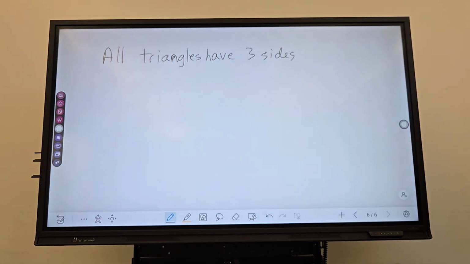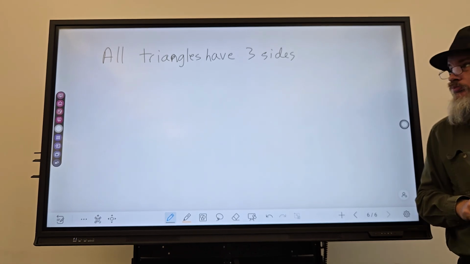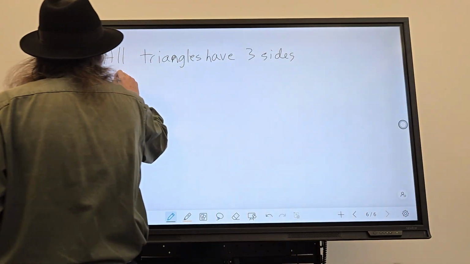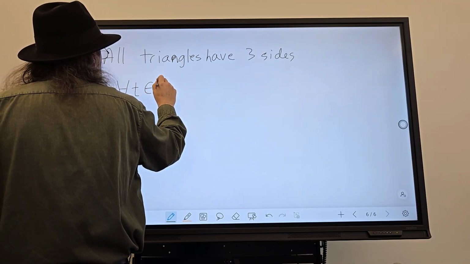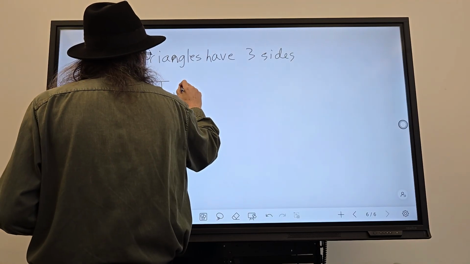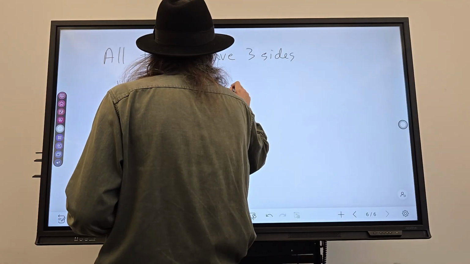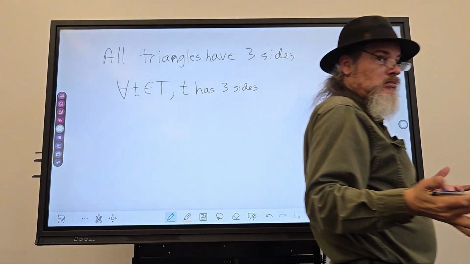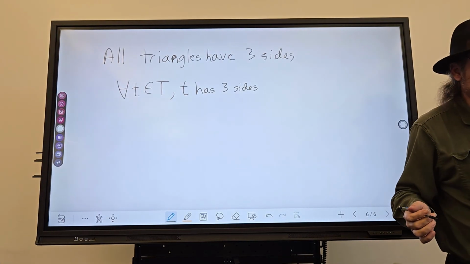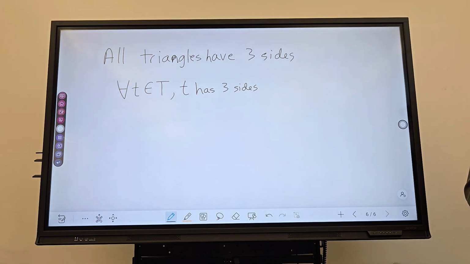How would you put that formally? For all t elements of the set of triangles, t has 3 sides.